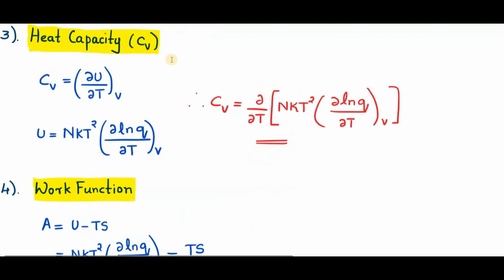Heat capacity at constant volume, that is Cv, is defined as dou U by dou T at constant V, where U is the internal energy. We have already derived the expression for internal energy, which is NkT squared dou log q by dou T at constant V. So substituting for U here, we have Cv equals dou by dou T of NkT squared dou log q by dou T at constant V.